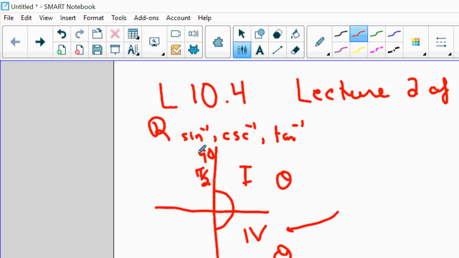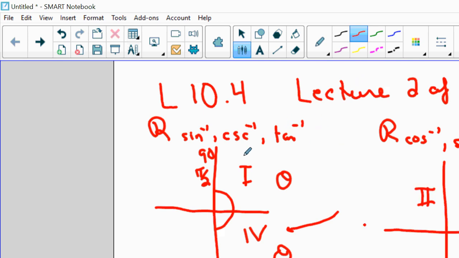This is a tricky quadrant. So if you think the answer is 300, you better say negative 60. And then the range of cosine inverse, secant inverse, cotangent inverse is in the first and the second, 0 to pi.